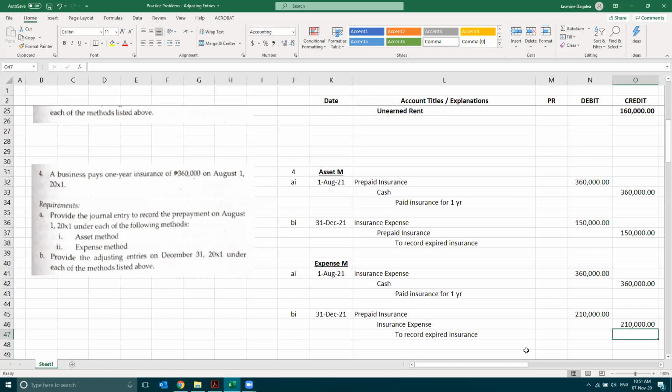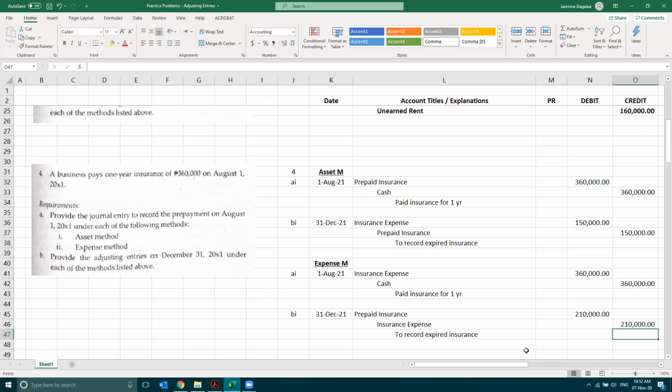So under the asset method, you recognize the expired or expense portion. Under the expense method, you recognize the asset or the unexpired portion. The two methods are opposite. It is all about how you recorded the transaction initially.